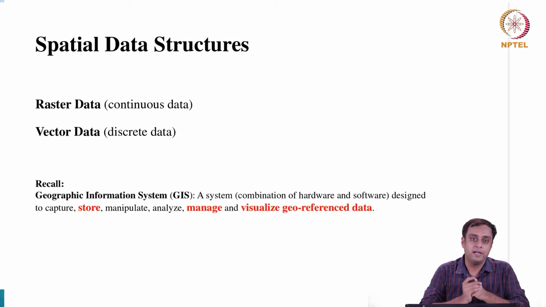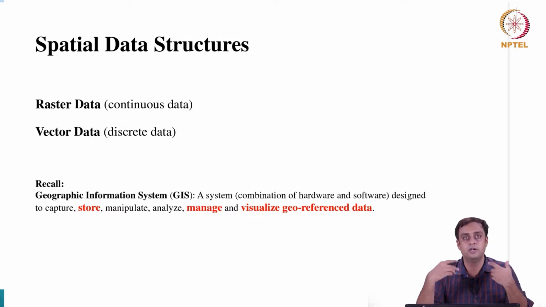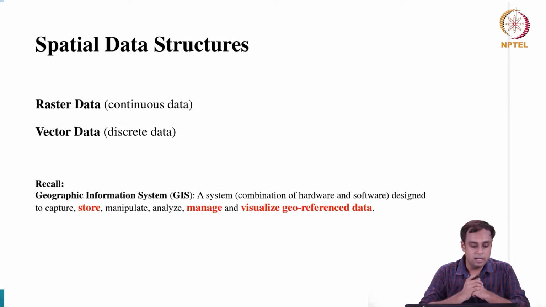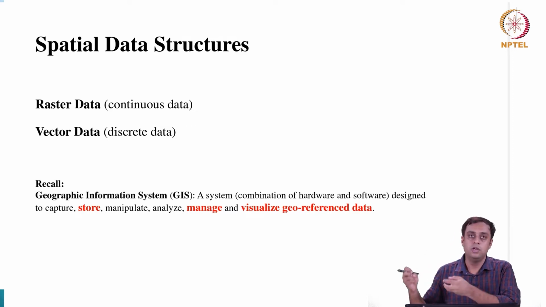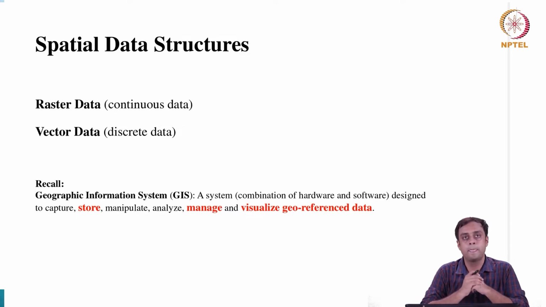There are remote sensors placed on satellites that go around throughout the year over each location on Earth, and they transmit back data that we are then able to store, manipulate, analyze and then visualize for our purposes. But when we actually have to store, manage or visualize these data, we need data structures. So we need a structure to store these data, and that is the topic of today's lecture.